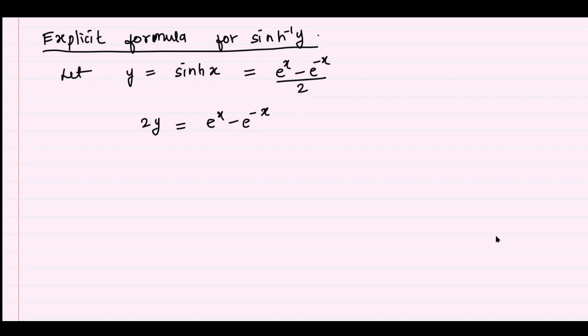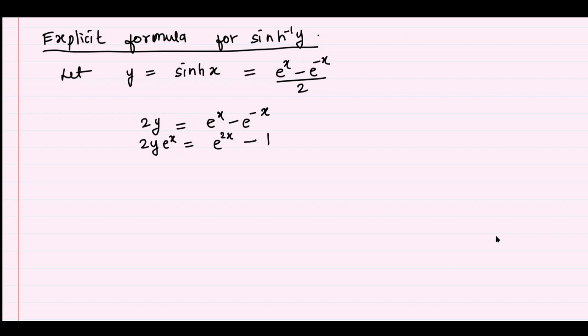Now if we multiply this by e raised to x on both sides, I will get 2y e raised to x is equal to e raised to 2x minus e raised to x into e raised to minus x, which is e raised to 0, so it is 1.